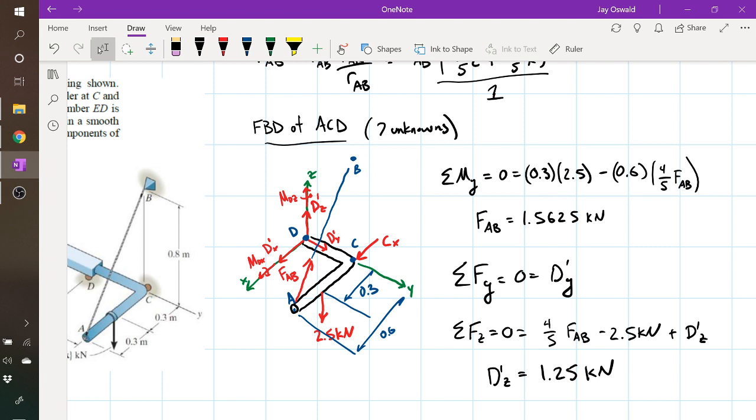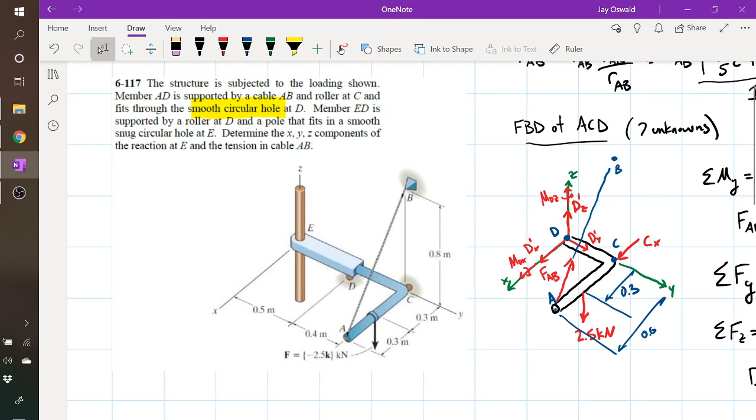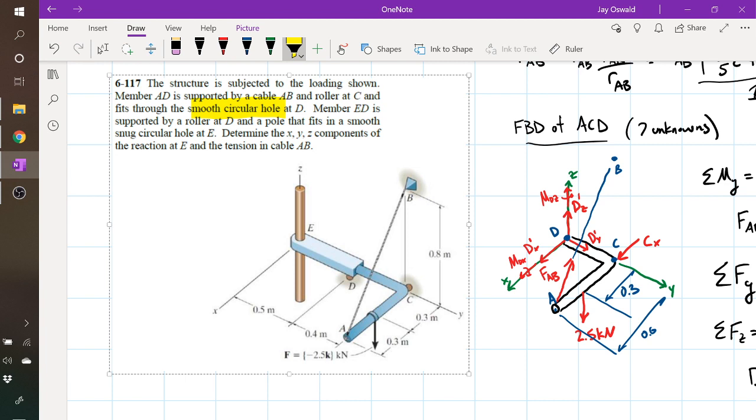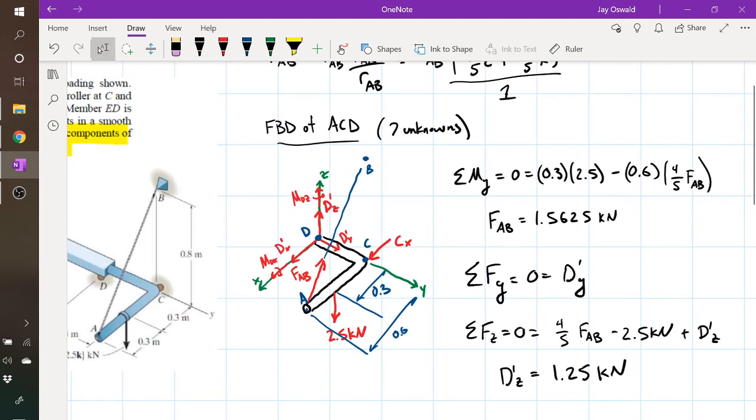Now, if you're at this point in the problem, we made one key mistake. Like, what are we doing? What are we trying to solve? So let's look at the problem statement really quick. It's saying determine the x, y, z components of the reaction at E, which we're not even talking about yet because it's not even the body we're talking about, and the tension in cable AB. So all of this that we're doing, solving for these d prime forces, wasn't even asked for.